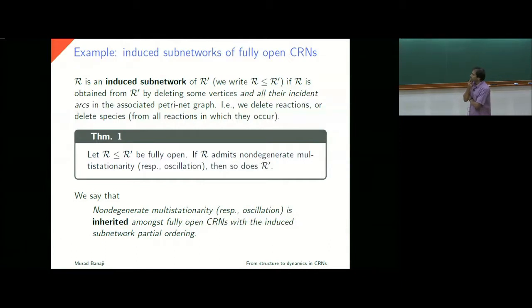And here's a result. If you've got 2 networks, R and R prime, and R is an induced subnetwork of R prime, and additionally, they're both fully open, so that means that all species can flow in and out, and this is important for this result, then if the smaller network admits non-degenerate multistationarity or non-degenerate oscillation, and I can replace some of these words with other things.